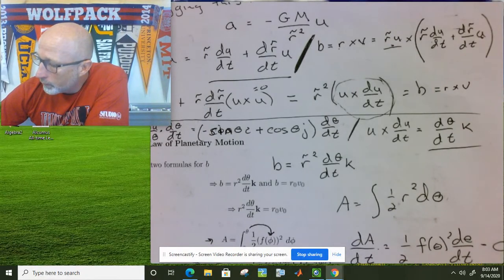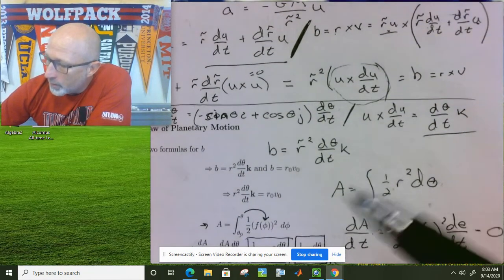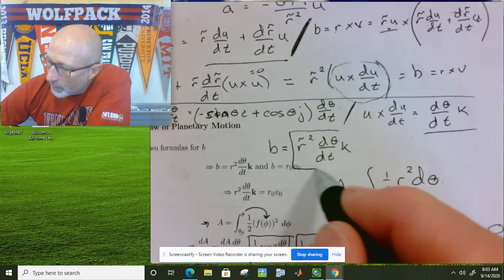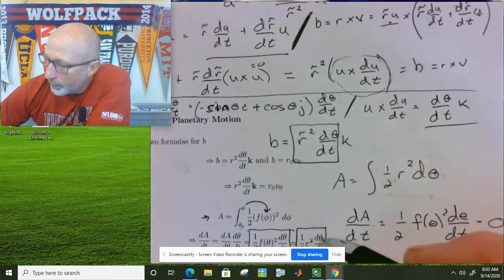And where was it? Actually, no, that's it, right? Because look what I'm trying to do. There is the r tilde squared d theta dt, which is right here.